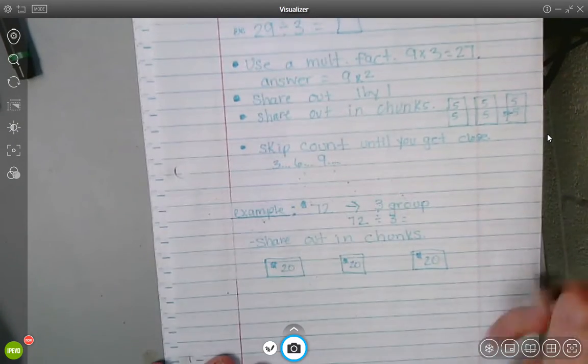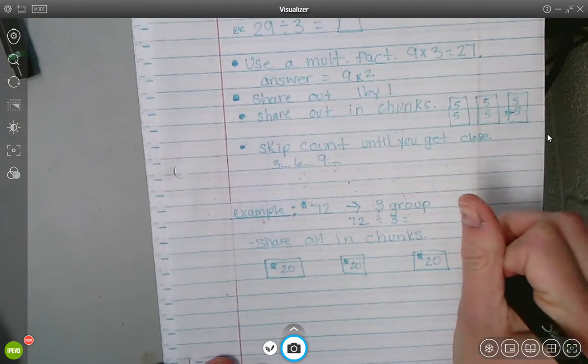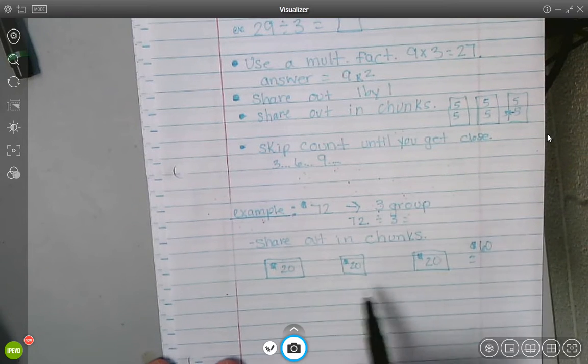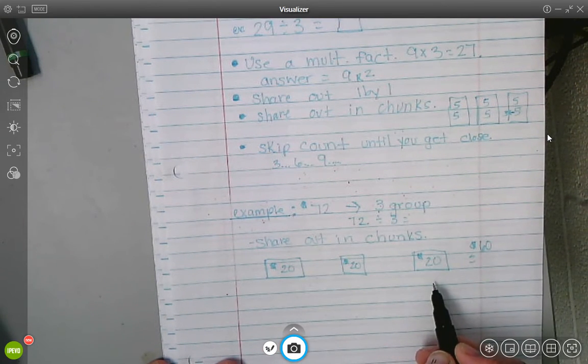That equals $60. So I have $12 left. I could do 1 by 1, or I could say 2, 4, 6. And I know that 2, 4, 6, I'm going to have to double that to make it 12.